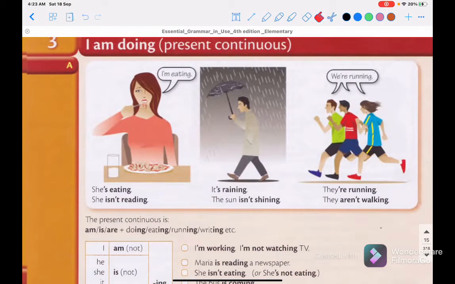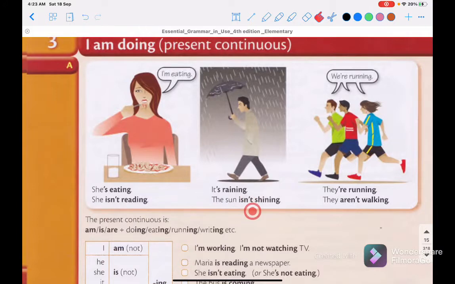And now, my dear students, let's read more sentences using present continuous tense. Here, what is the girl doing? She is eating. She isn't reading. She is eating. And here, it is raining.